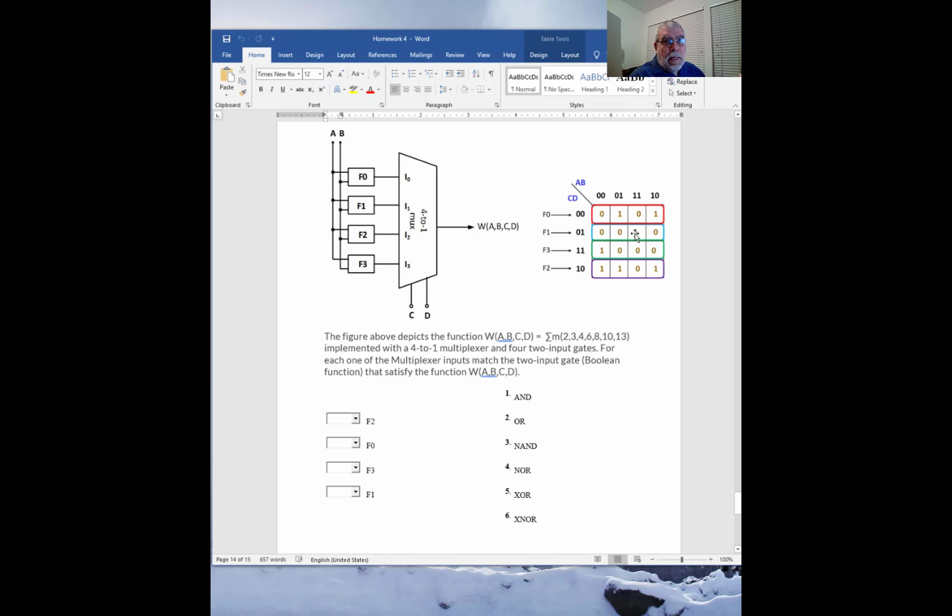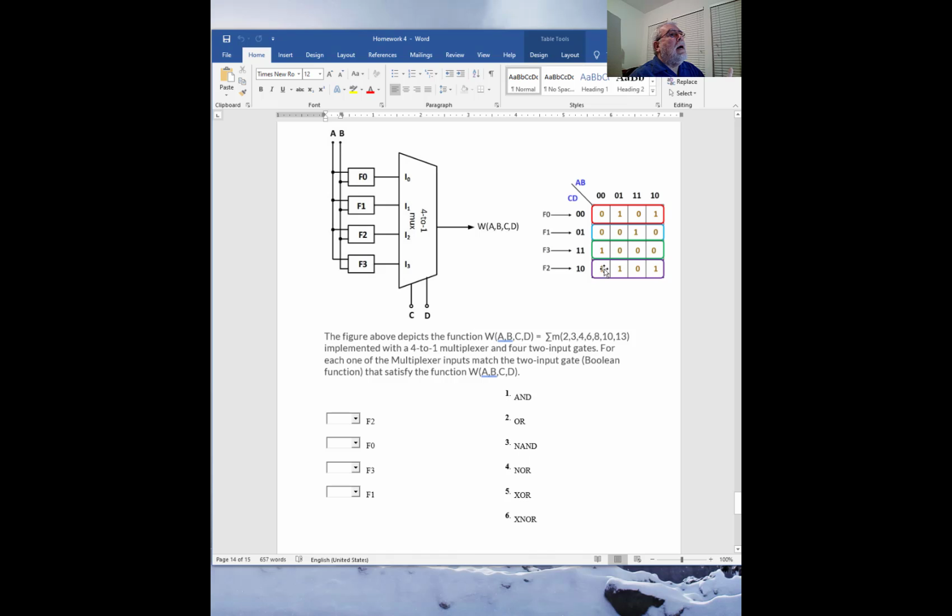What kind of gate is that? And then F3, okay, this one is a gate in which you only have a 0 when the inputs are the same and are 0. What is it? Well, you should know. Okay, it should be an OR gate.